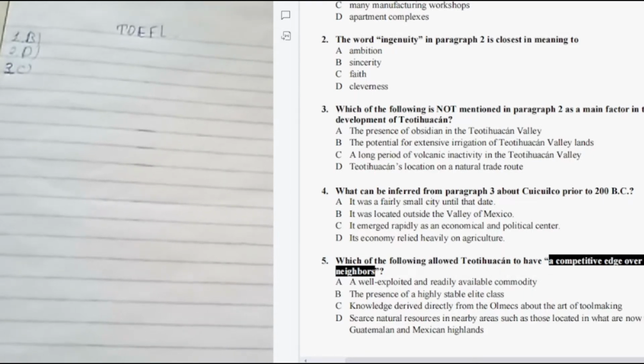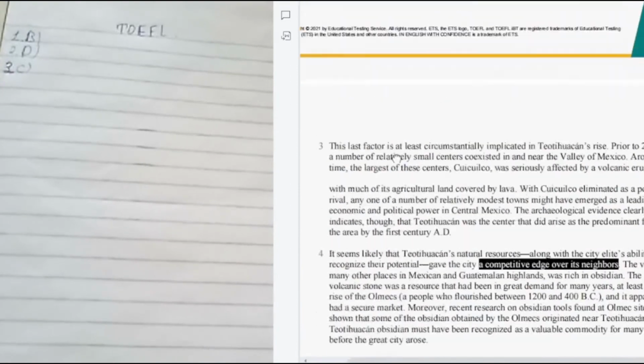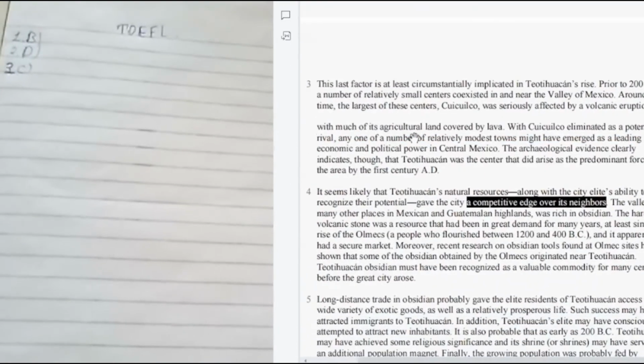Yeah, what can be inferred? Inferred means assumed. What can be assumed from paragraph 3?